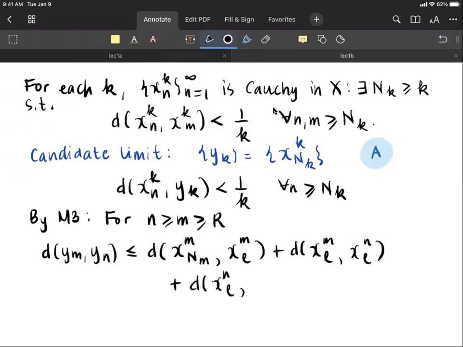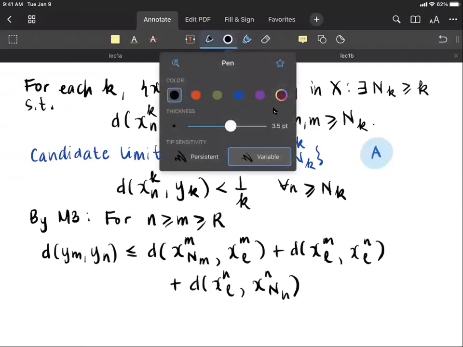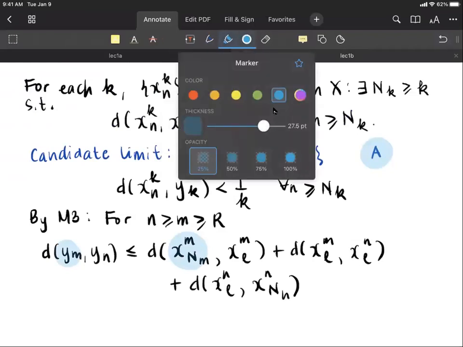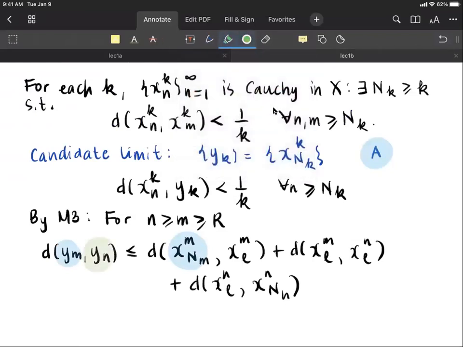And if you use the definition of y^n, that is x_n^n. So take note here that we use the fact that this one is the same as y^m, and y^n is the same as this. So that is the triangle inequality.